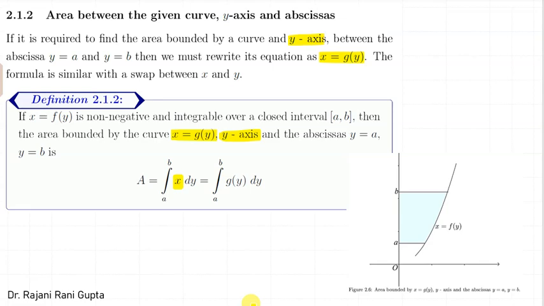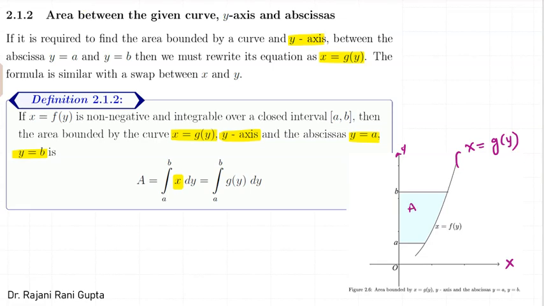The limits will be the same, a to b, and it will be just x dy because the value of x is given. In visualization, you can see that if this is your x-axis, this is your y-axis, this is your curve x is equal to, say, g of y. So, this is the area that we are finding out.